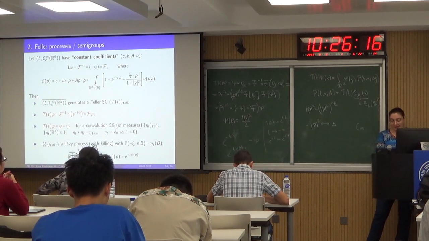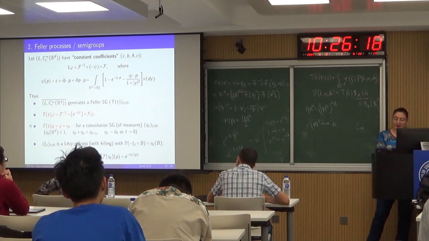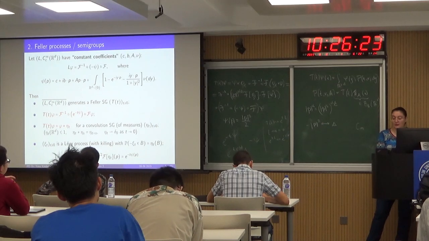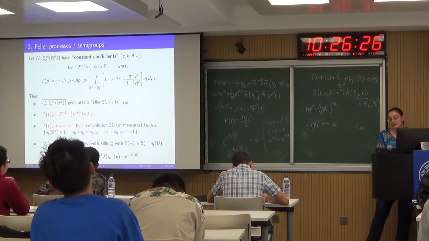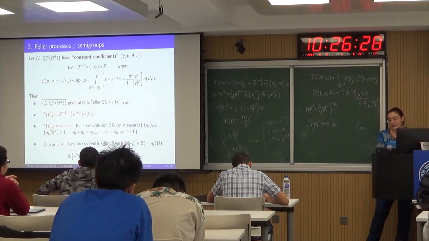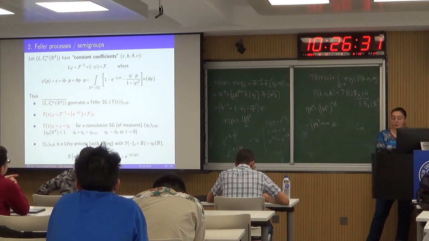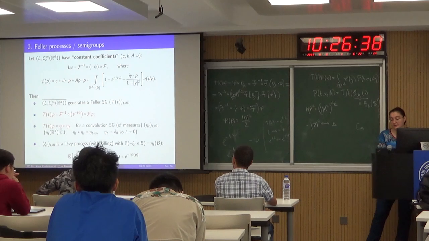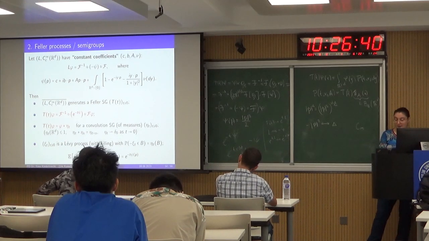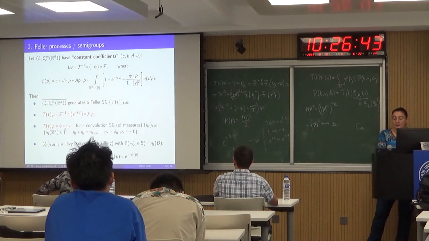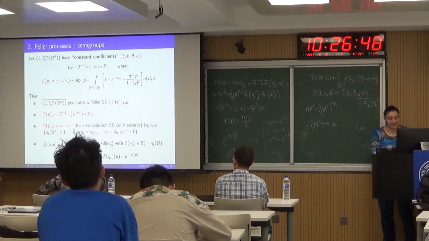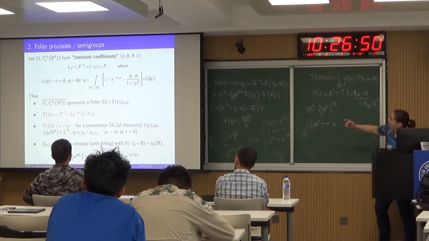So once again, how the things are related. If we have a process xi, then we can calculate its characteristic exponent. The characteristic exponent of the process xi is nothing else but the Fourier transform of the measure eta t, which is in here. And this is already calculated. It is here. Once again, you see the same calculation as I have already done.